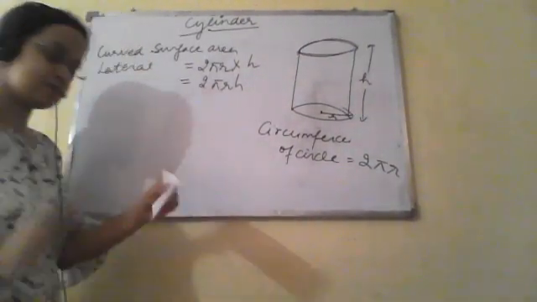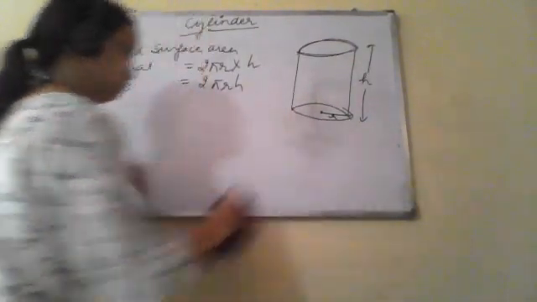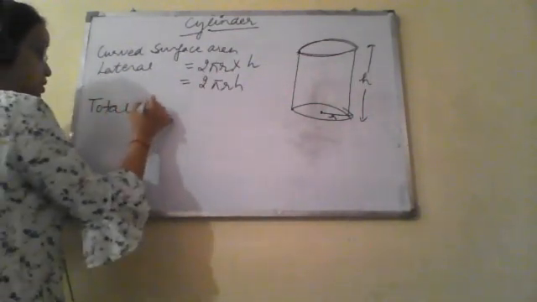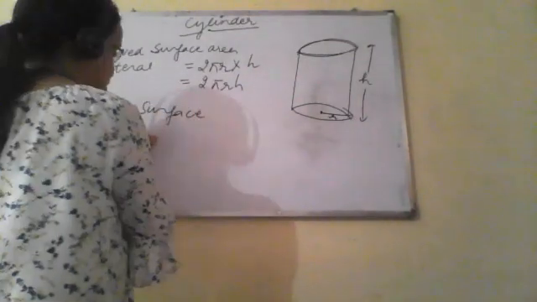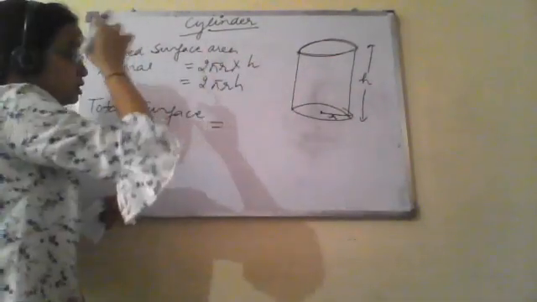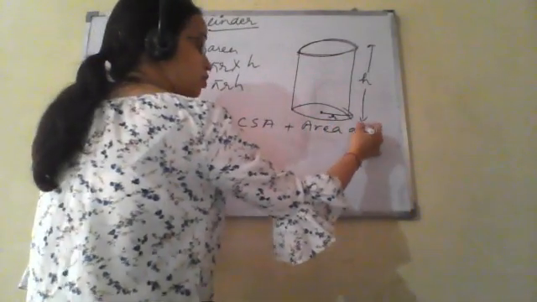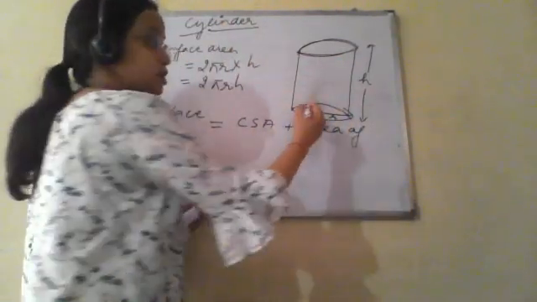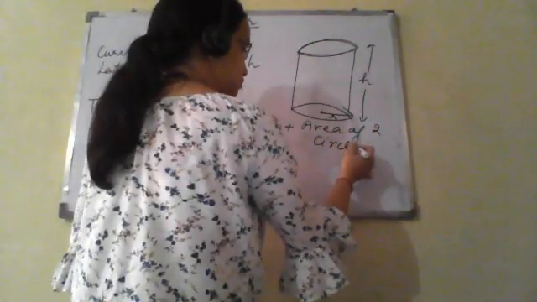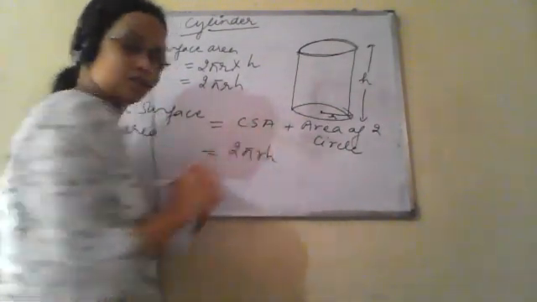Now, this was only the curved surface area. When we talk about the total surface area, it includes the curved surface area, in short CSA, plus the area of two circles, the bottom circle and the top circle. The curved surface area was 2 pi r h, as we have calculated.